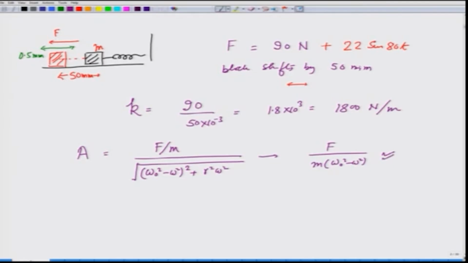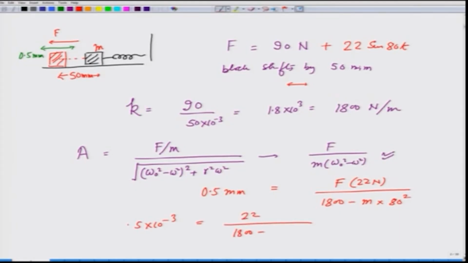So, I can do my calculation straight away, because this is equal to f, which is given to be 22 newtons, divided by m omega 0 squared, which is k, 1800, minus m times 80 square, and amplitude is given to be 0.5 mm. So, let us see what do we get.